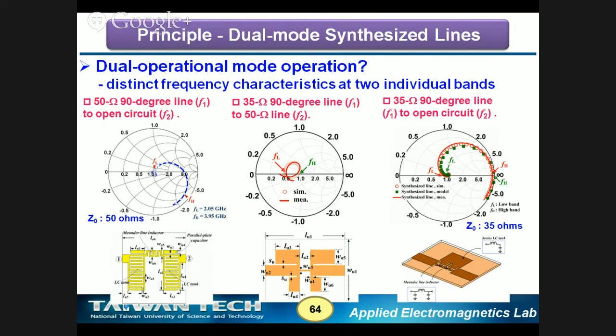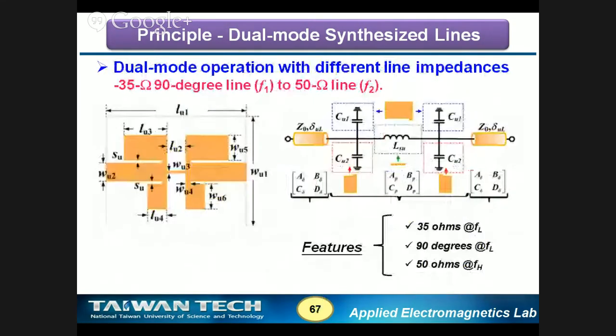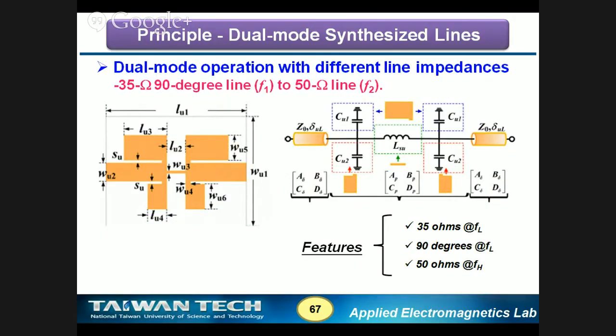We can derive several equations. Let me take this case as an example. We have three conditions. At a certain low frequency, the characteristic impedance must be equal to 35 ohm.